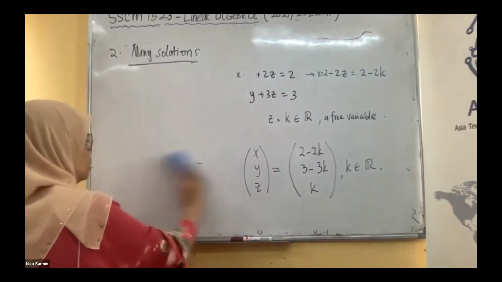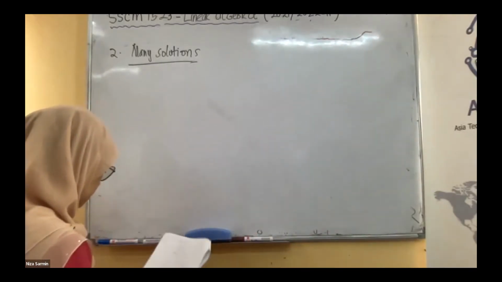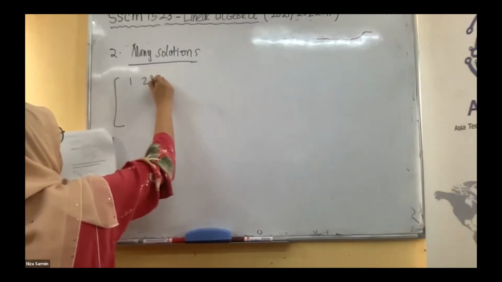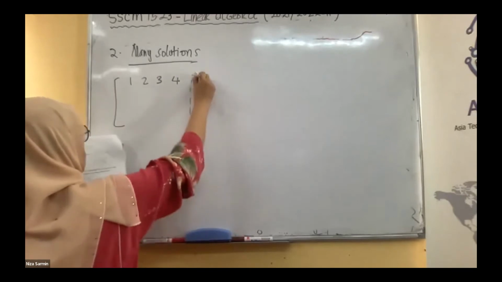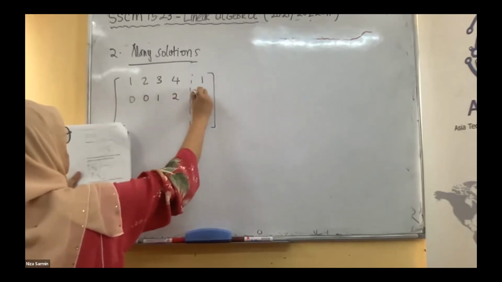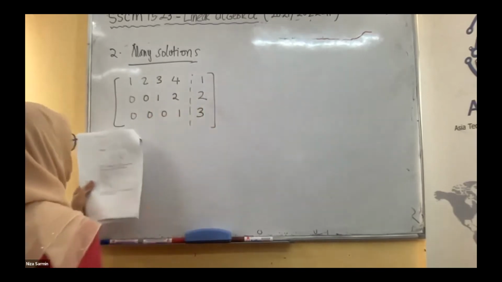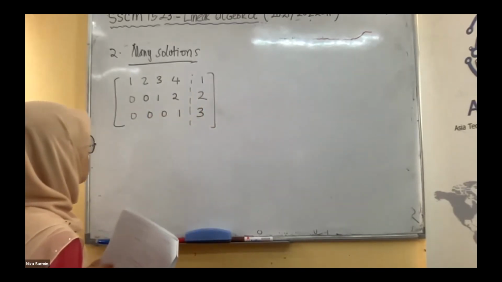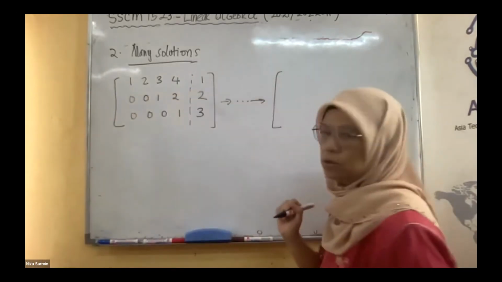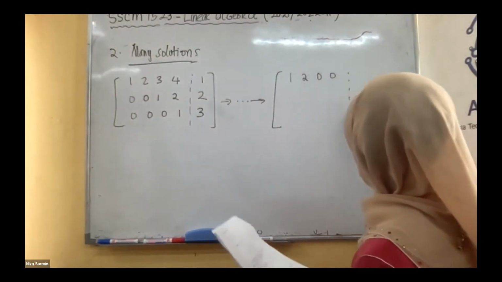The third one. 1, 0, 0, 1, 2; 2, 0, 0, 0, 1, 3. Okay, and then you do the row reduction, yeah? 1, 2, 0, 0.